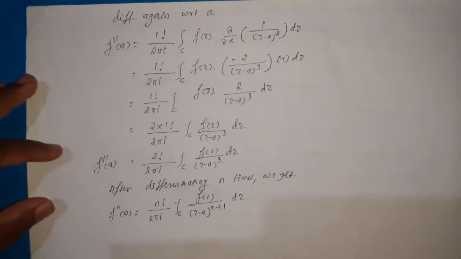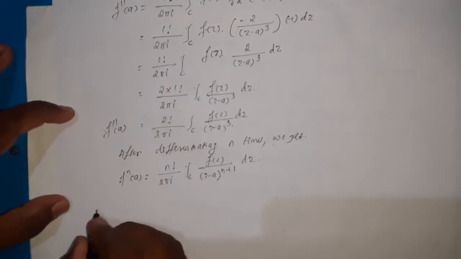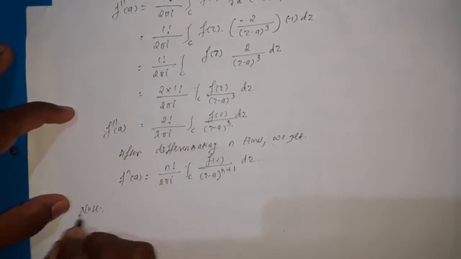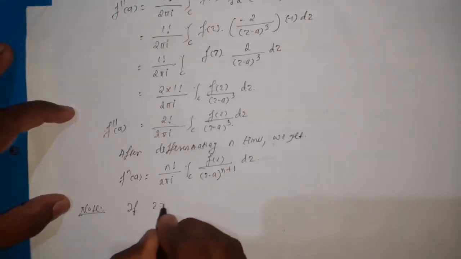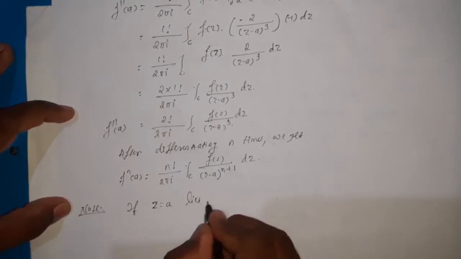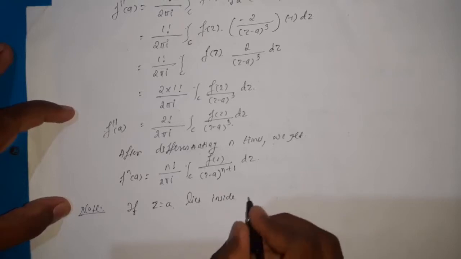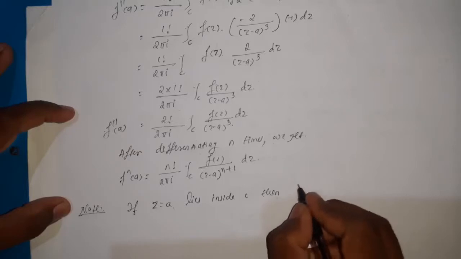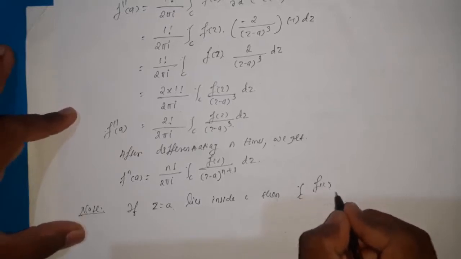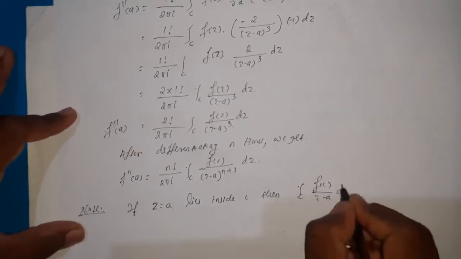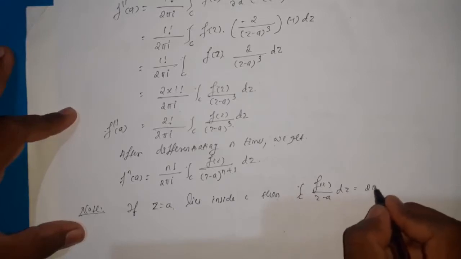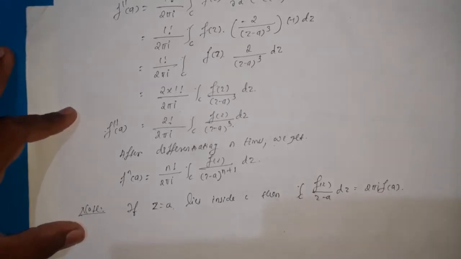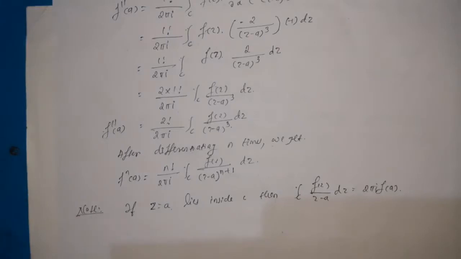So now let us consider some important points. Note here, if z equal to a, that is the point a lies inside C, then integration over C f of z divided by (z minus a) dz equal to 2 pi i f of a by using Cauchy's integral formula.